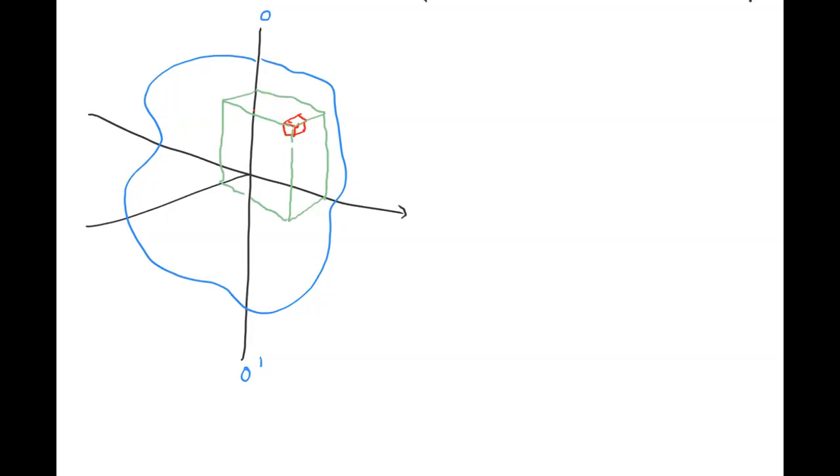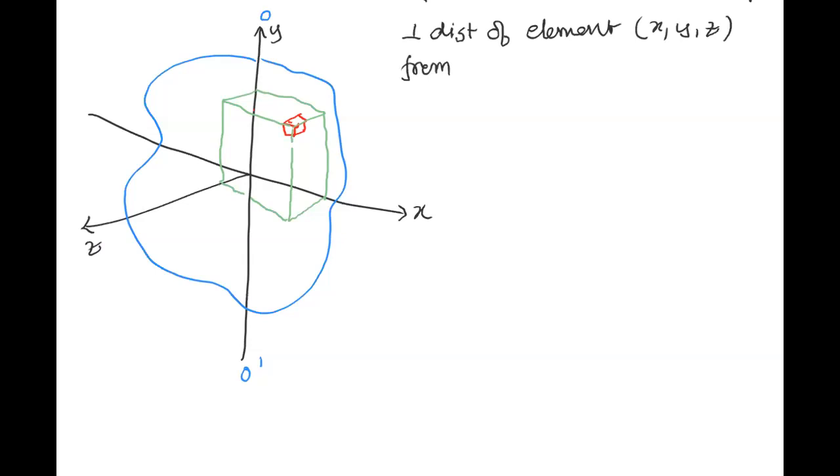So let's say that this is the x-axis, this is the y-axis, and this is the z-axis. I want the perpendicular distance of the element whose coordinates are x, y, z from the y-axis.